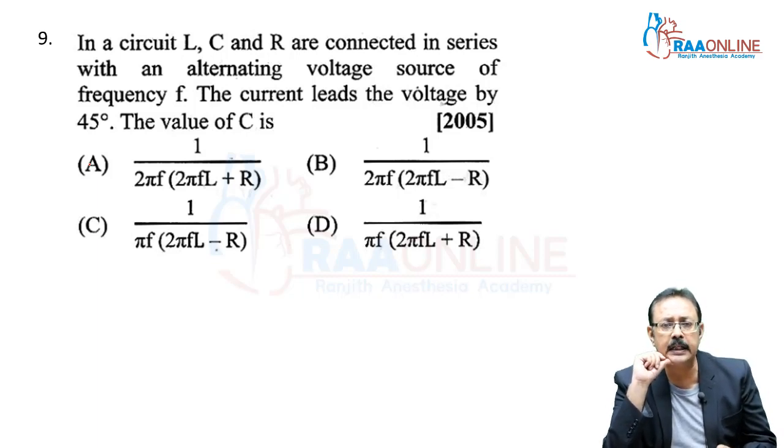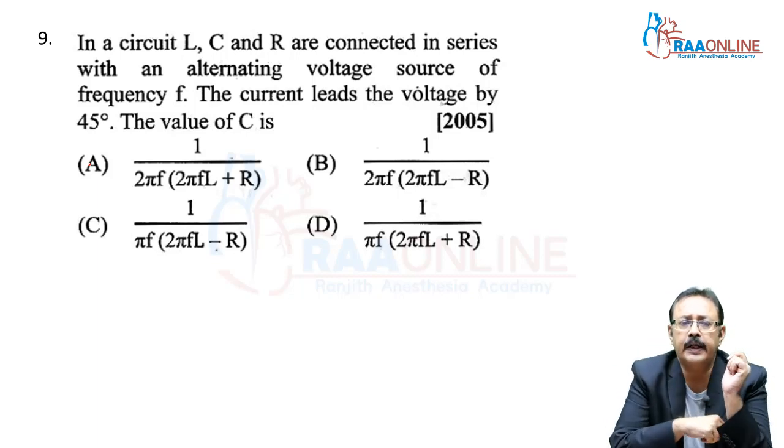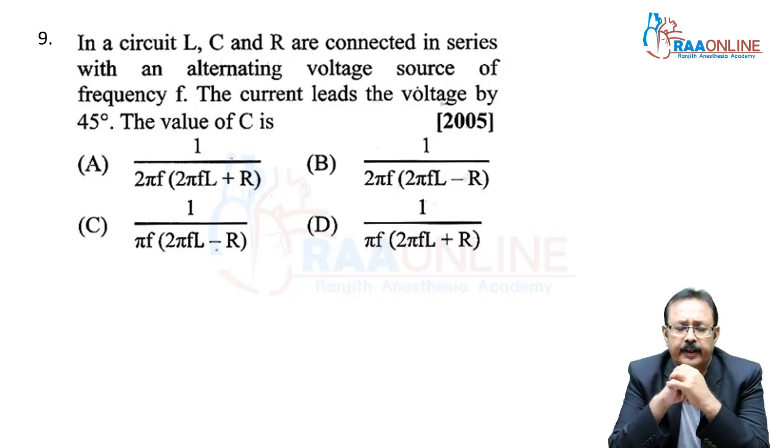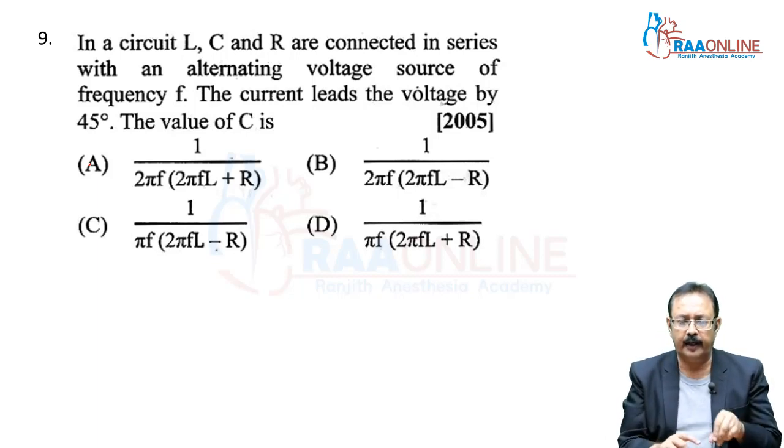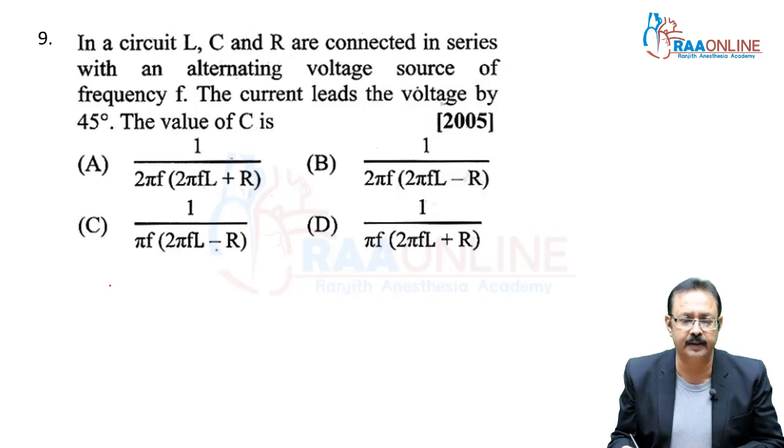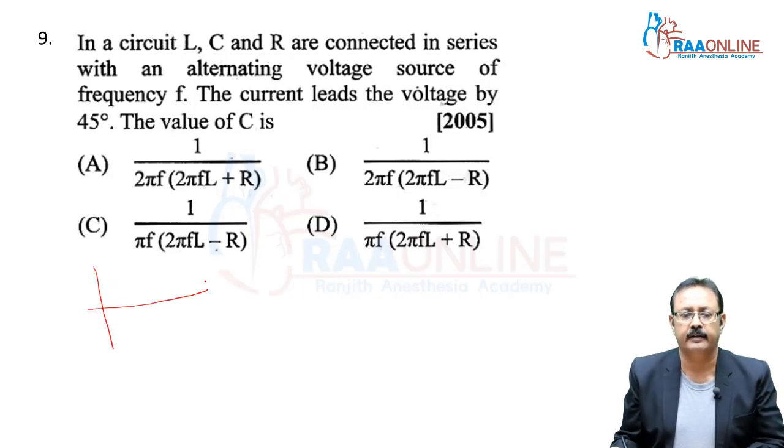In a circuit, LCR are connected in series with an alternating voltage source of frequency F. The current leads the voltage by 45 degree. The value of C is, just we discussed the circuit, it is LCR.